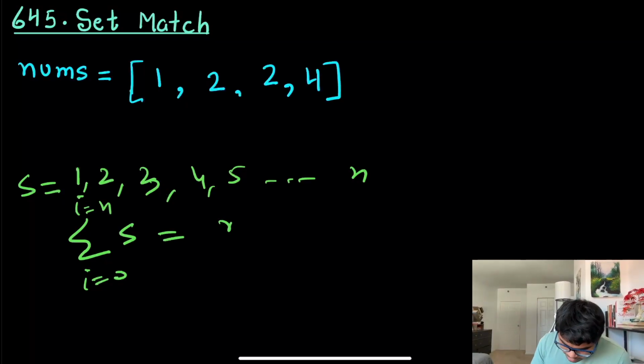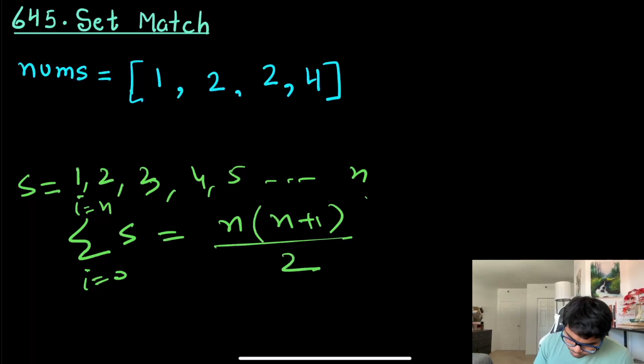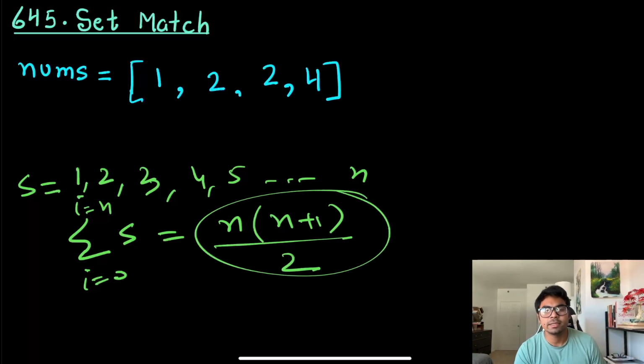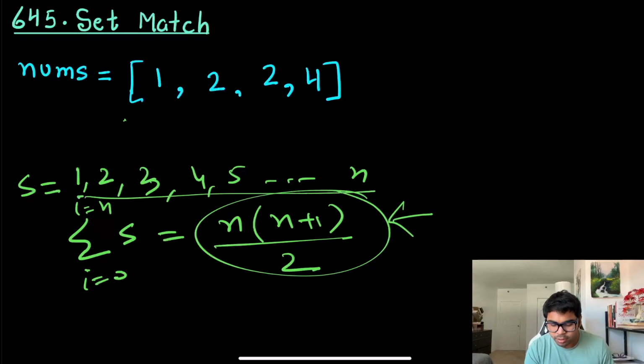This is n into n plus 1 by 2. This is the formula, right? I'm sure it's really popular. You would know this, but this only holds true if these numbers do not have any repeated value. This is the perfect range I'm talking about.